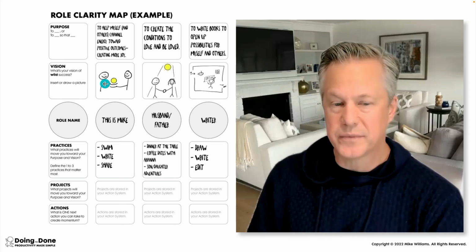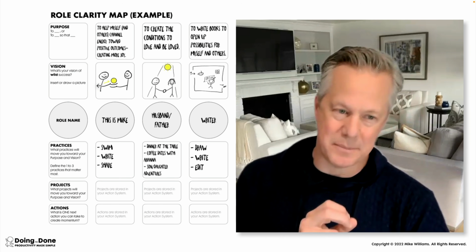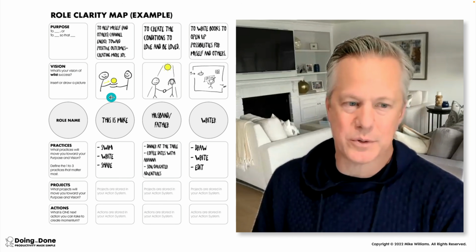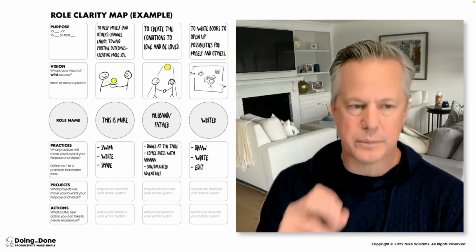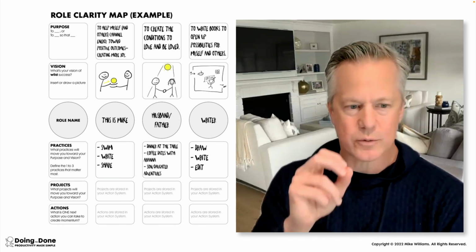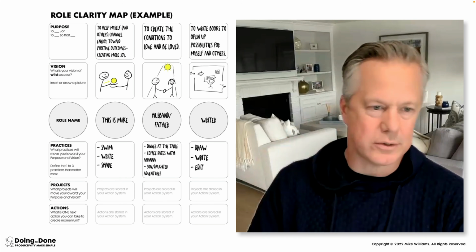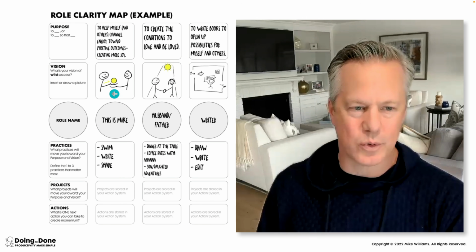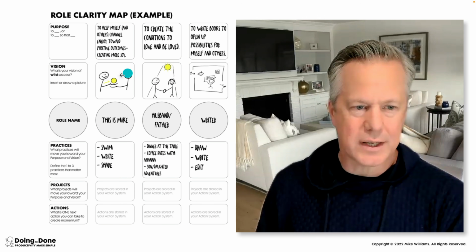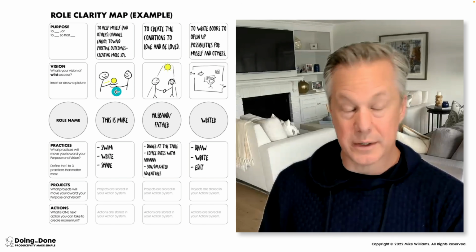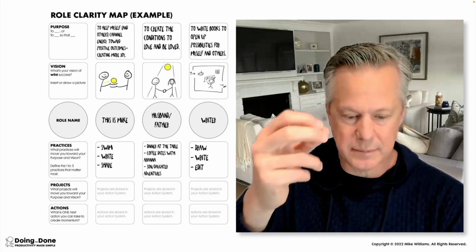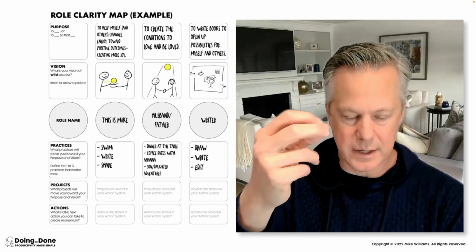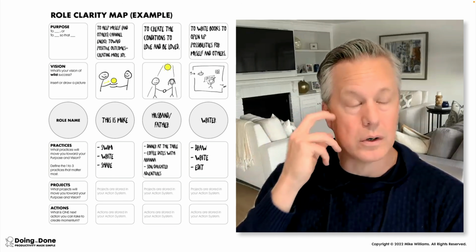Step 2, this is the interesting step. And if you do this step, you will not be disappointed. I invite you to draw a very simple picture of what this role means to you, like a picture of you in this role. So look at this. This picture is so simple, but as I drew it, it brought forward so many thoughts, so many images of what my vision of success was for this role.